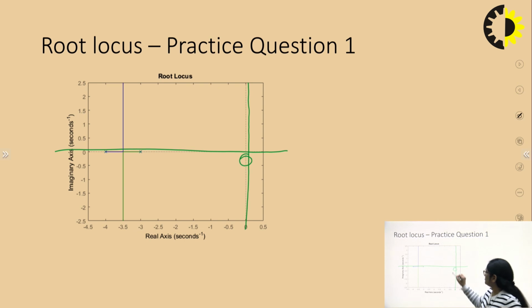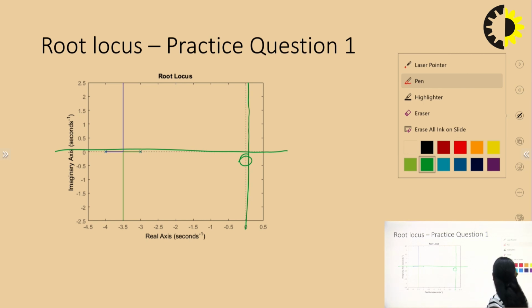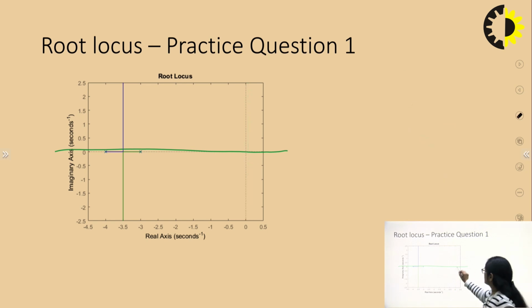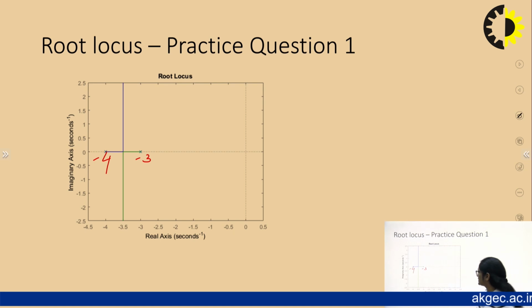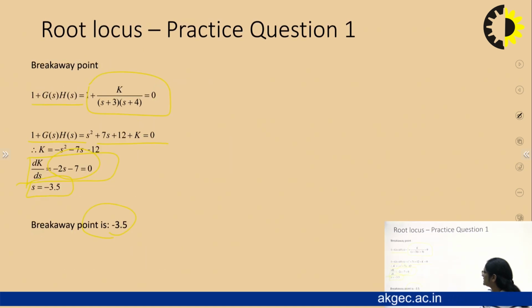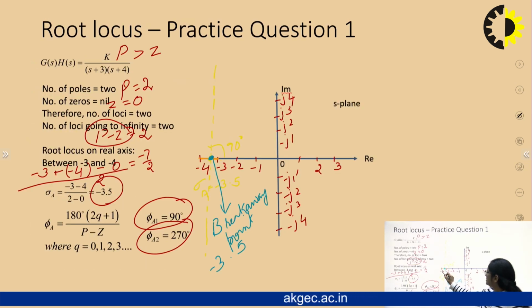This is the 0, this is minus 3.5, and the locus where it is breaking is, now it is starting from minus 3, this is minus 3 and this is minus 4. So this is what we also sketched here. We got this as minus 3 and minus 4.